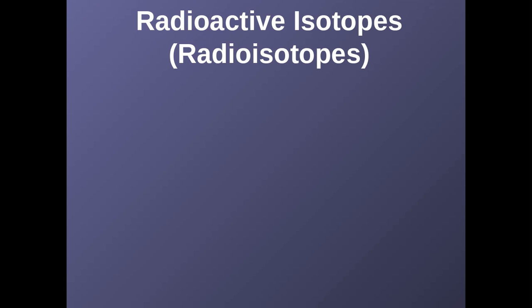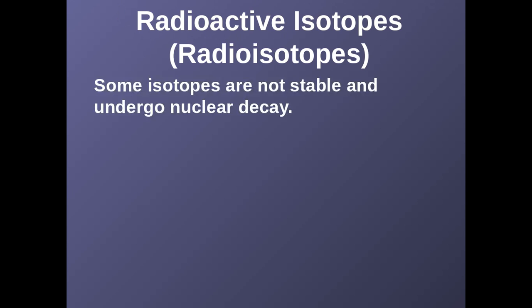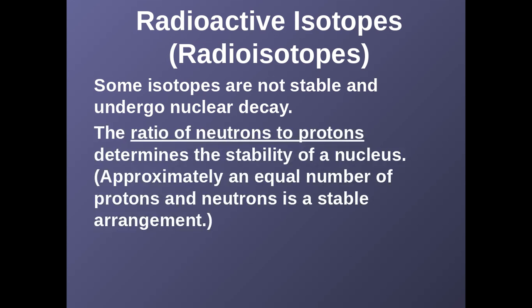We're going to talk all about that in future videos. So here we have these isotopes that are not stable and they're undergoing nuclear decay. You've already heard the word decay in many contexts, but decay means breaking down, right? So you have nuclear decay where the nucleus is breaking down. If the nucleus is decaying, it's radioactive. So you can call it a radioactive isotope, or you could refer to it as a radioisotope.